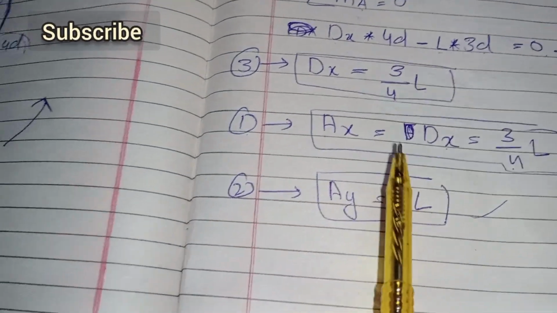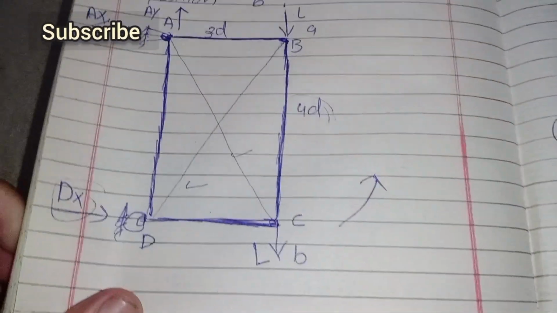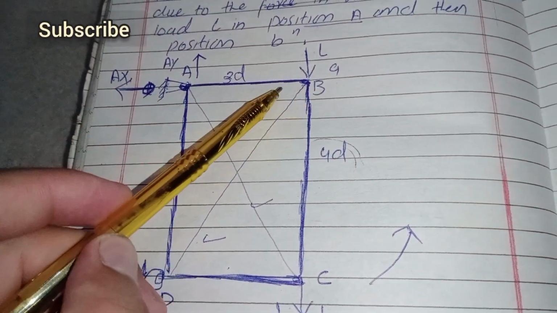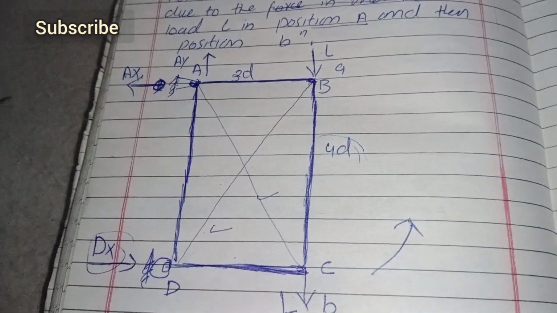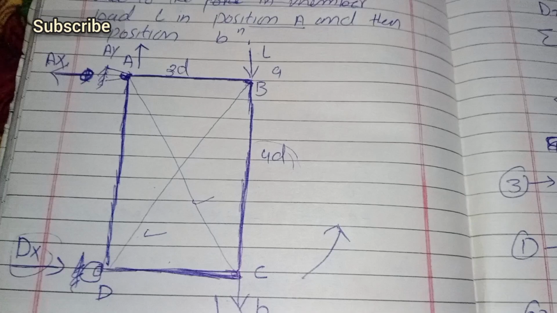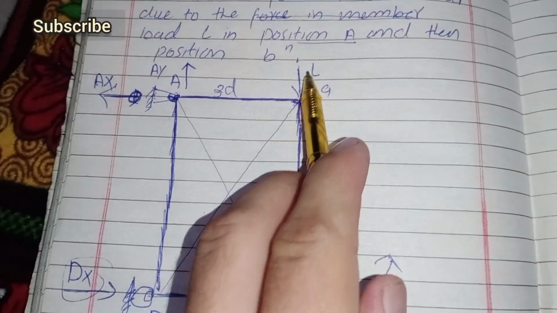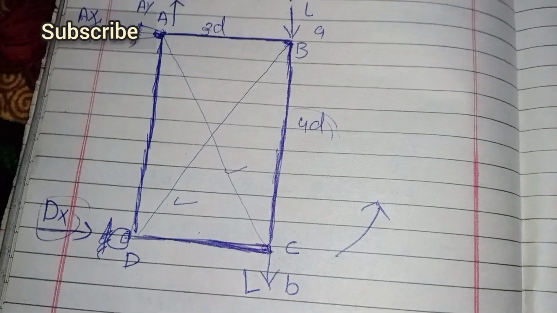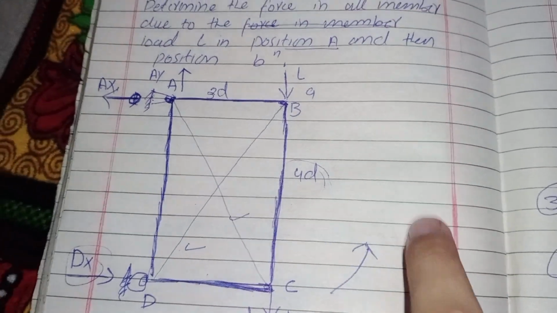In the first case, if we take this as the load acting on joint B, in this case we will find the forces in these members.